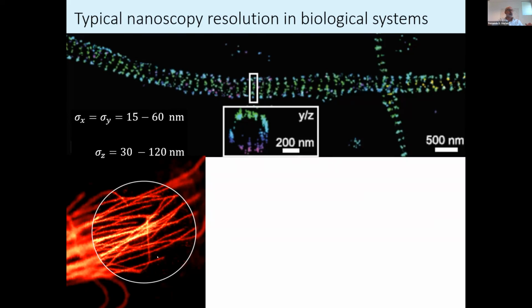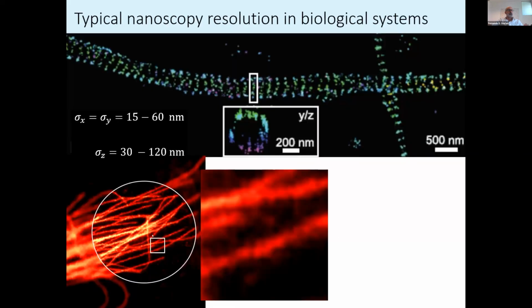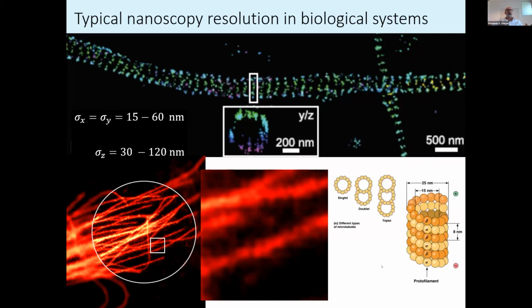So we would like to do a further zoom into this image to try to see the structure of the microtubuli. And again, the image gets blurred and we cannot see it. And the reason for that is that, again, our resolution is limited. So we cannot detect the supramolecular structure of tubuli in this case, because it's a bit too small.